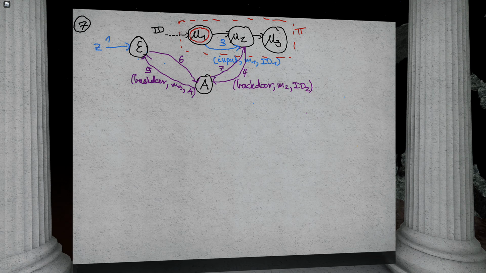And now, finally, mu2 says, okay, I can give some output back to mu1. Maybe some key that is biased in some particular way. And then, finally, mu1 does something and says, okay, I've done whatever it is that I needed to do, and I'm going to hand my information back to the environment via the external identity.